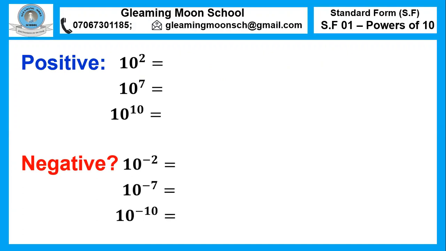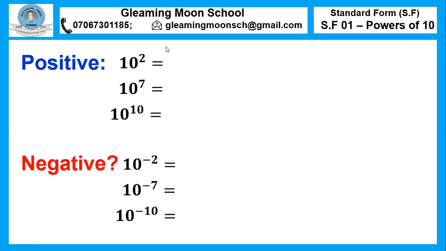Pause the video, write out the positive in decimal notation, write out the negative in decimal notation, and compare the numbers. What do you notice about the position of the zeros? Which ones have decimal points in them? Which ones are greater than 1? Which ones are the bigger numbers? Which ones are less than 1, which is the smaller numbers? Pause the video and have a go.